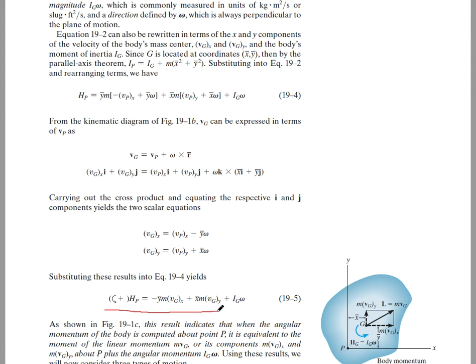So it can be written in a form like this one, where the centroidal mass moment of inertia of the body times omega had to be augmented with these additional products. So it will be the centroidal coordinate y times the linear momentum of G in the x direction, and centroidal x times the linear momentum of the center of mass in the y direction.